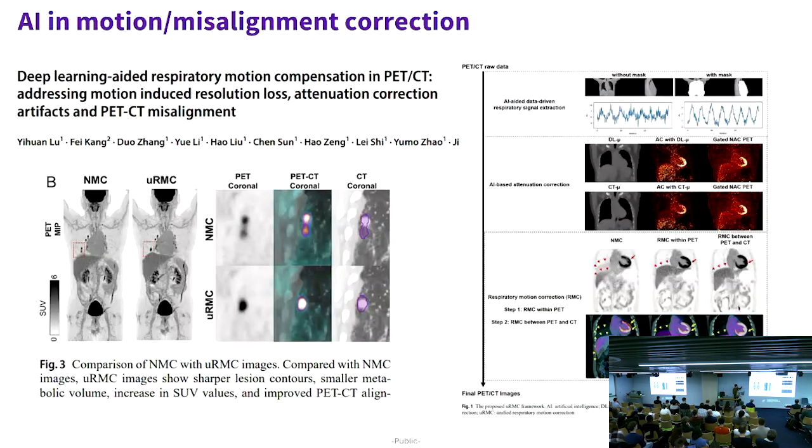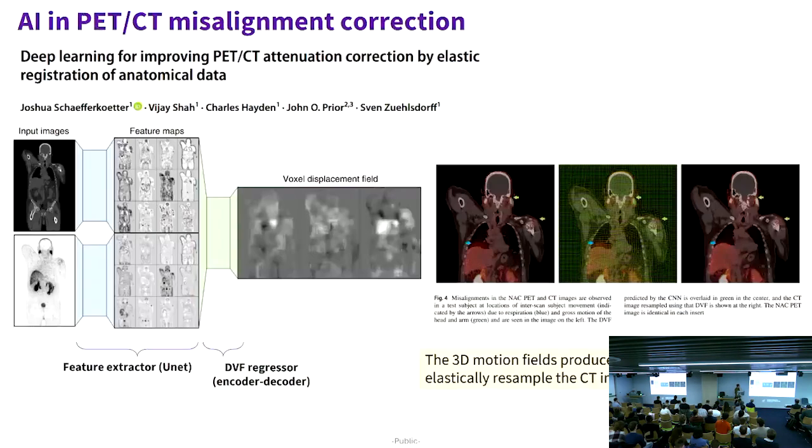I refer you to this paper where they try to inject AI in every step of motion tracking and motion estimation, and they show they are capable of handling misalignment between PET and CT, especially banana artifacts, or motion. You can see without motion correction, you have two lesions, whereas it's actually one.